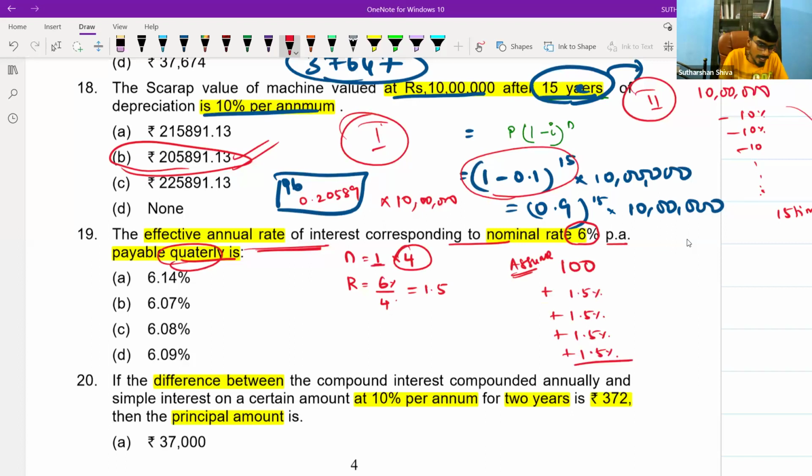If you do it, take a calculator, 100 plus 1.5% four times, you will get 106. Now subtract 100 as the principal component. Minus 100, you will get 6.1363%, approximately 6.14%. Option A is your answer. You can do it within 30 seconds.